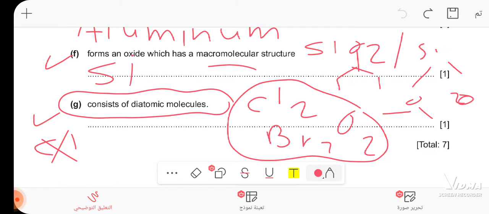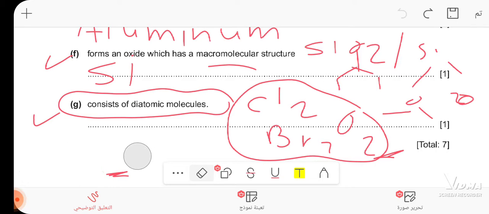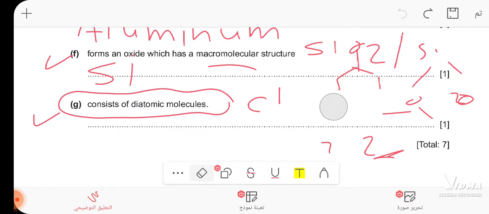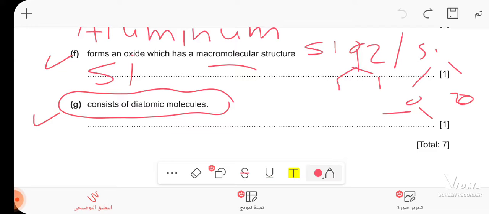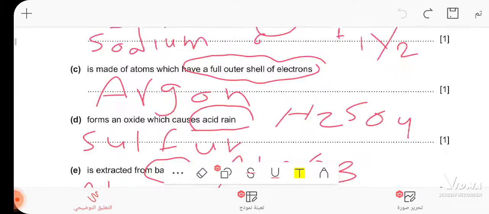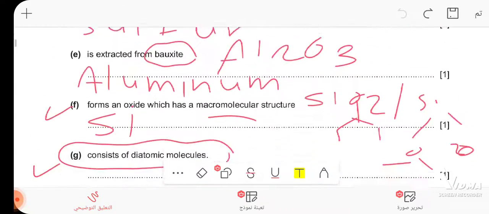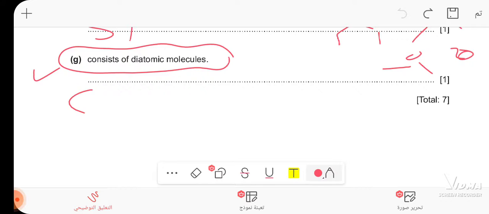Or oxygen in air is found as O2, not O, monoatomic, which is wrong. But remember, noble gases such as argon, group 8 elements, are not found as diatomic, only monoatomic. It is the exception. So the answer is chlorine.